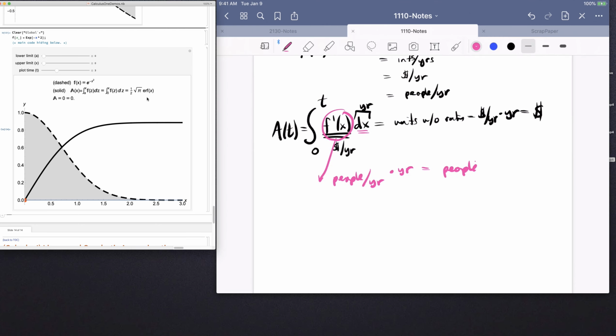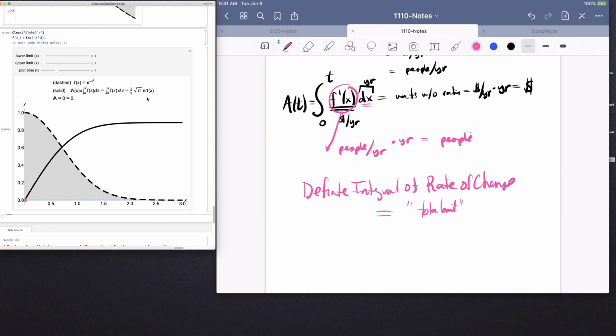Okay, so when we're doing a definite integral of a rate of change, the answer has the units of a total amount, so to speak.